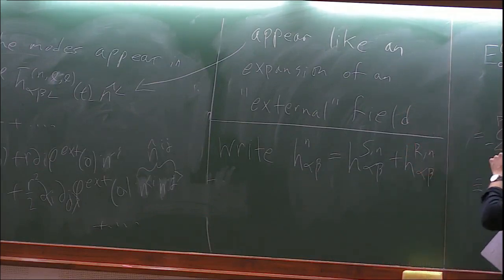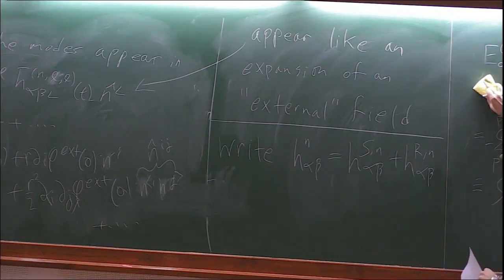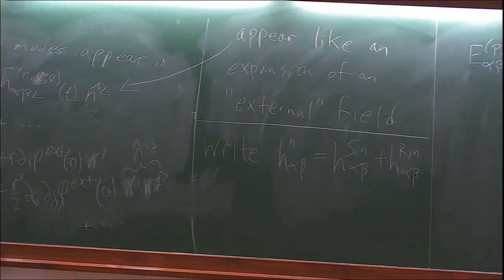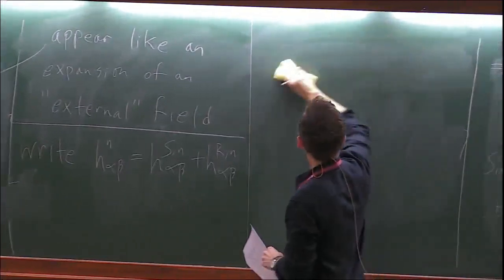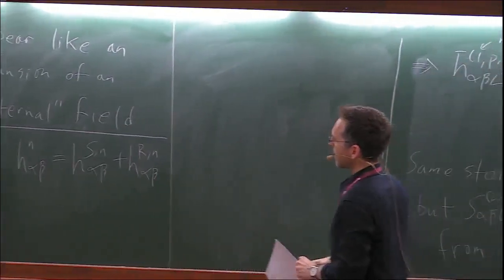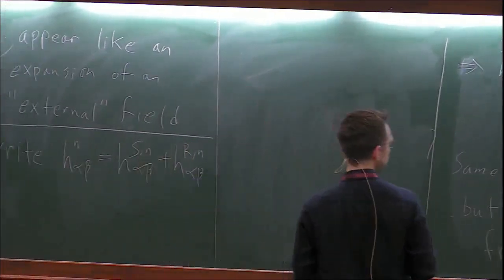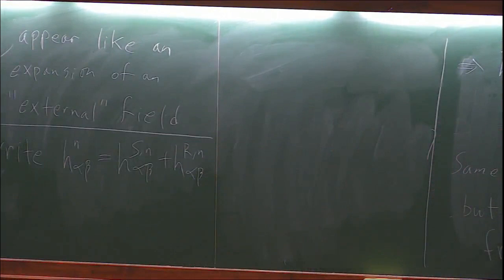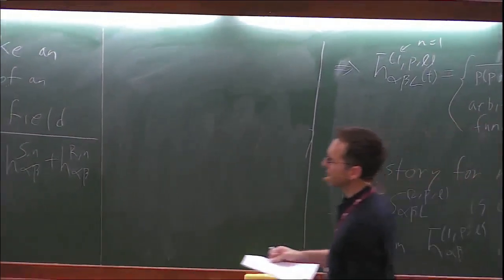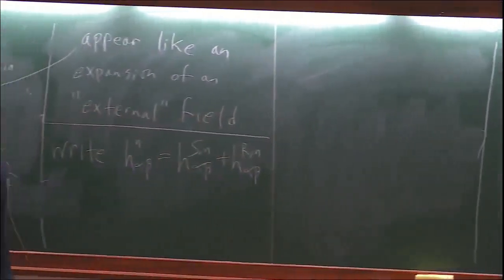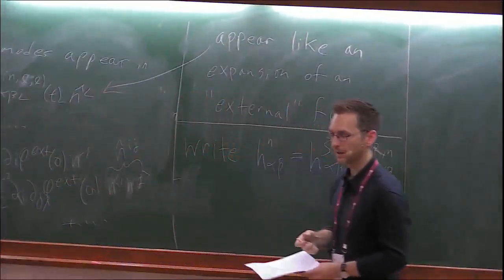Here I'm using capital R rather than external, partly because that's the tradition in self-force, but partly because you can see the self field can also appear like a singular field, because all of these solutions, if you take them to r equals 0, are singular there. Whereas all these fields over here, with r to the L, if you take them down to 0, are perfectly smooth at r equals 0.